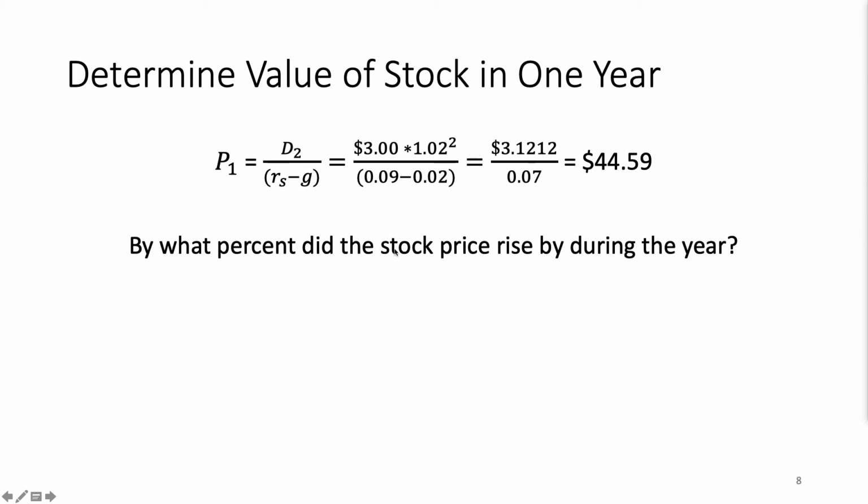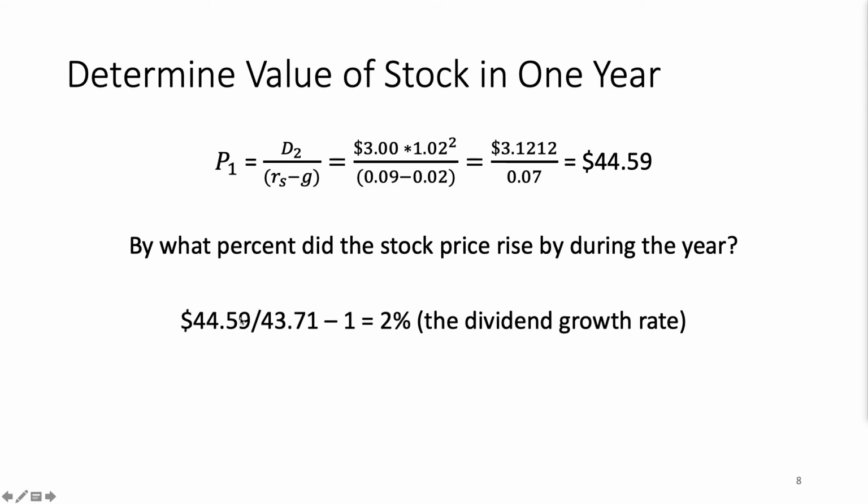So by what percentage did the stock price rise during the year? I take $44.59, that's P1, and divide it by P0, the price right now, from the last slide, and subtract 1.